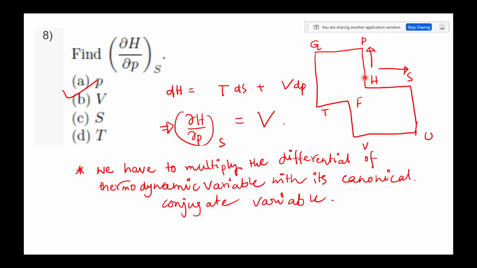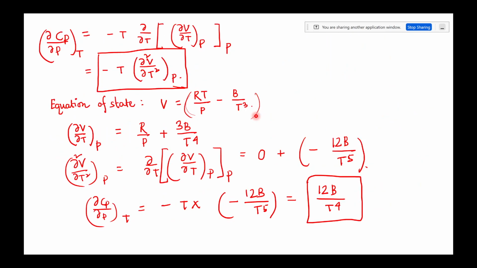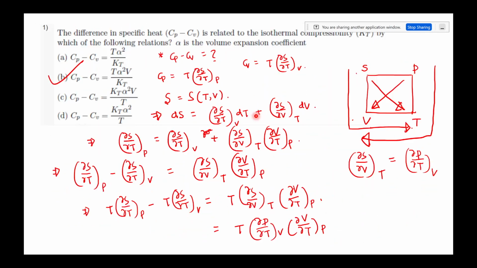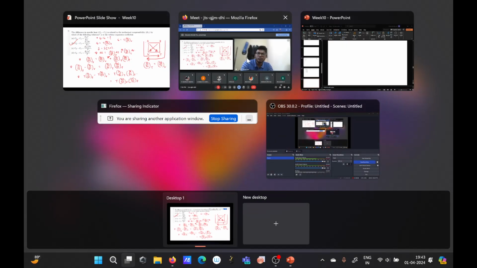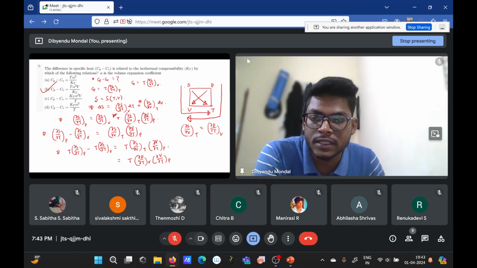For H, the closest variables are P and S, and S is on the right-hand side from H, and P is upward from H. That's why dH is equal to TdS plus VdP. That's why we have written del H del P in terms of this. So please follow all these calculations, and it will be easier for you to do all these things.